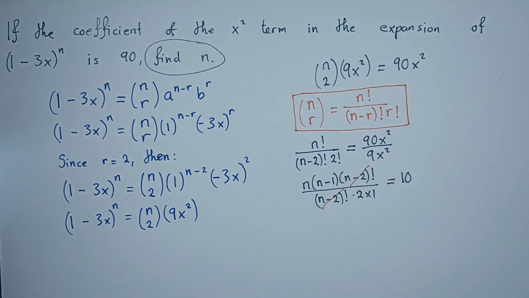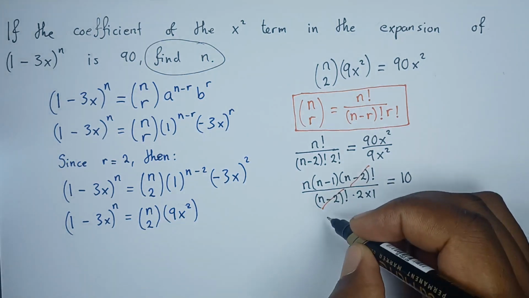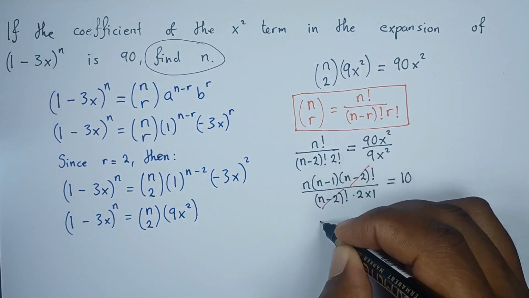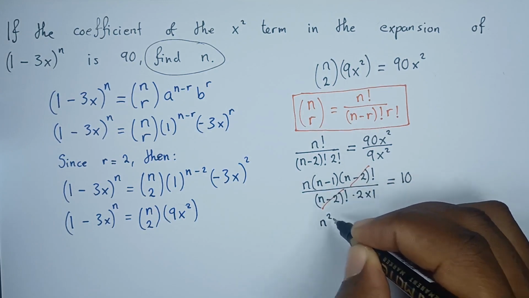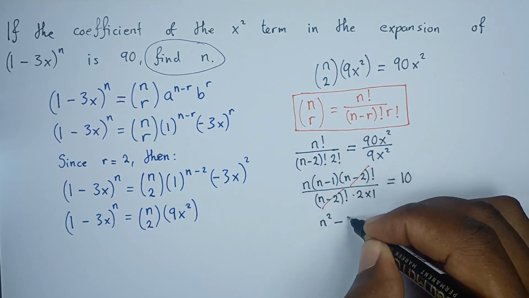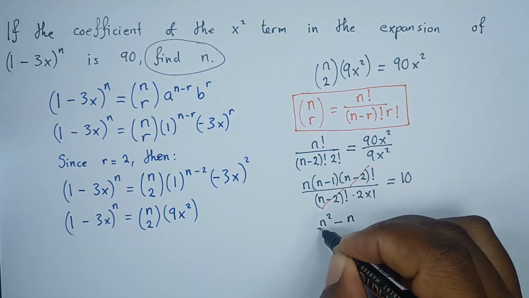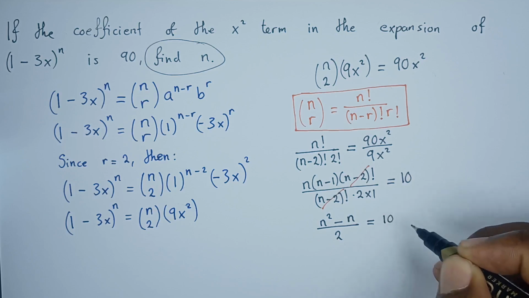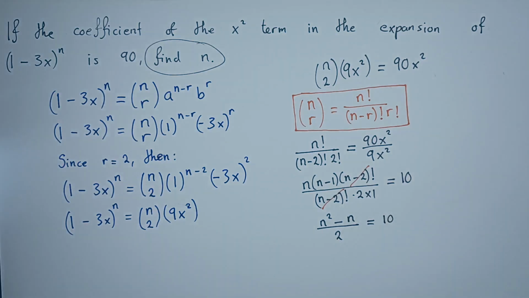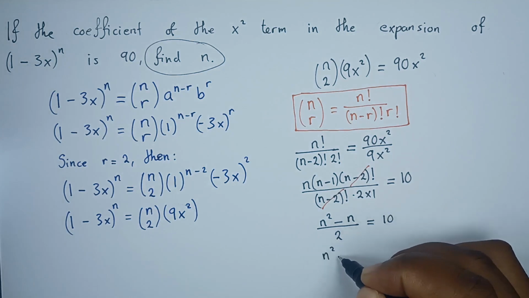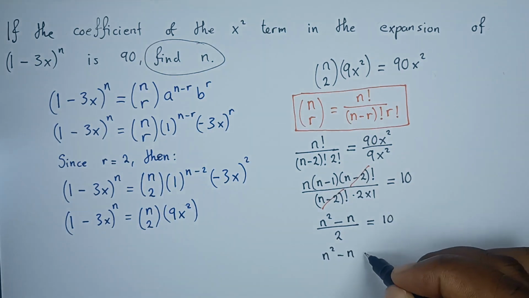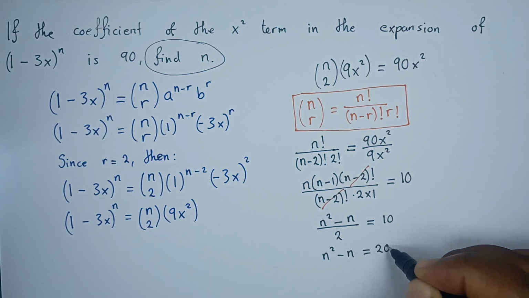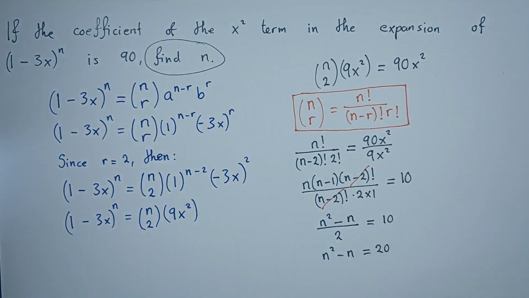So the only thing we remain with now is n times n, which is n squared, and n times negative 1, which is negative n. Remember, all this is over 2, and all this is equal to 10. If we cross multiply, we'll have n squared minus n is equal to 20.